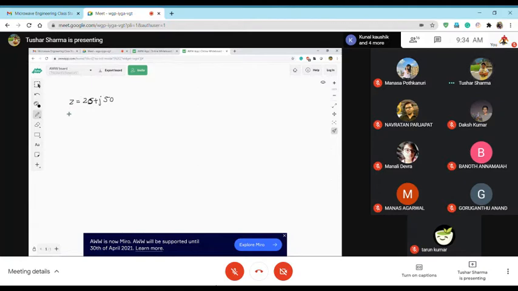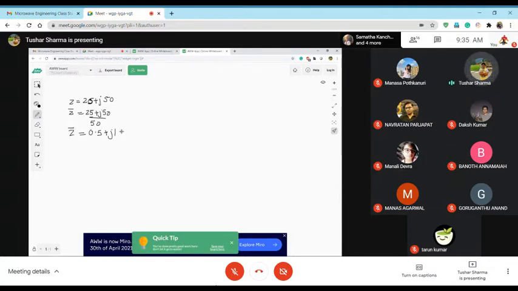Okay, so Z normalized is equal to 25 plus j50 divided by 50. So this is 1 by 2, 0.5 plus j1. This is my impedance. So the question is how we have to plot this impedance on the Smith chart.